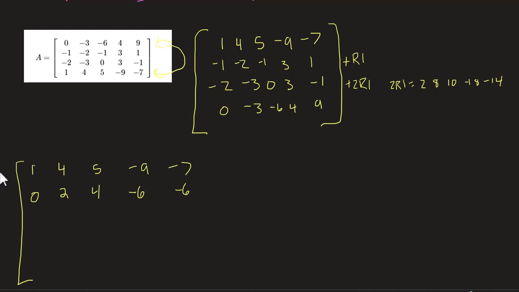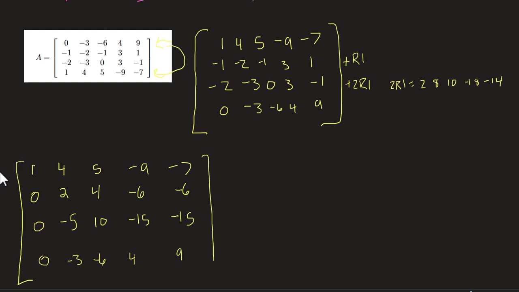Now I'm going to multiply row 1 by 2 and add it to row 3. So 2 plus -2 is 0, 8 plus -3 is 5, 10 plus 0 is 10, -18 plus 3 is -15, -14 plus -1 is -15, and then I get 0, -3, -6, 4, and 9.